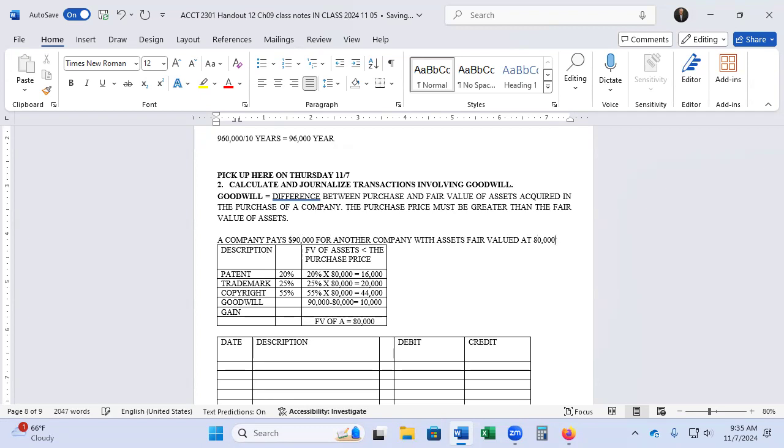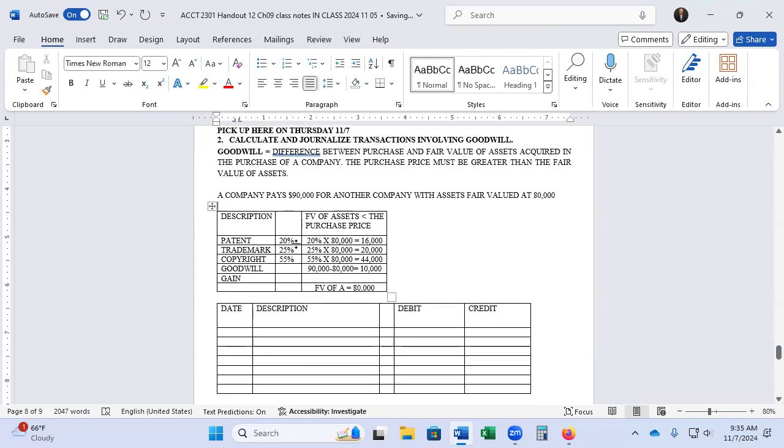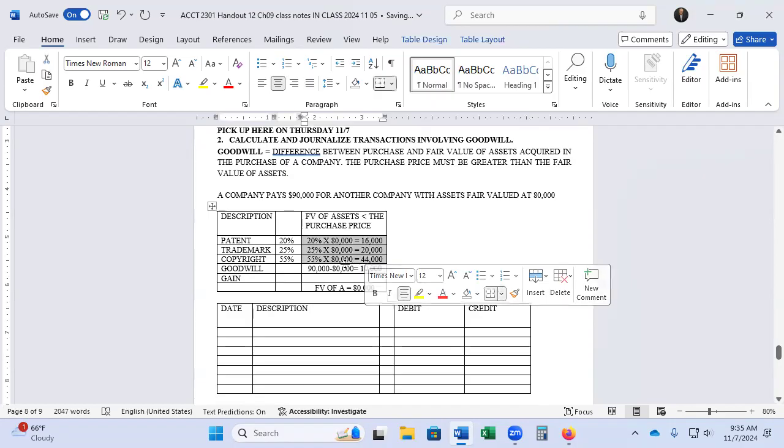So that's just the background behind this one. And so they told us that it was 20% patent, 25% trademark, and 55% copyright. So we just multiplied them out to get our fair values.